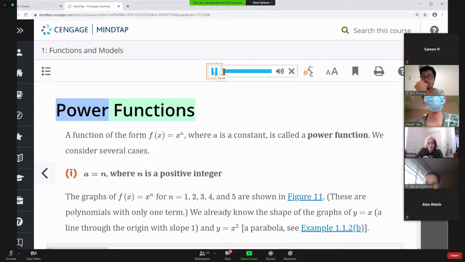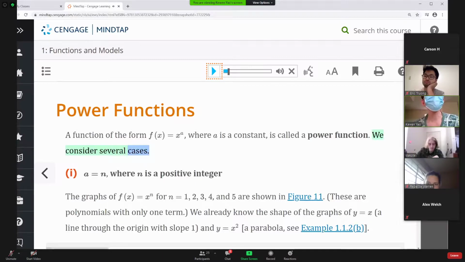A function of the form f(x) equals x to the power of a, where a is a constant, is called a power function. We consider several cases.